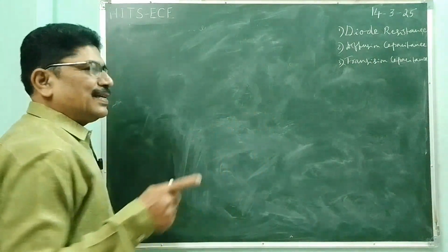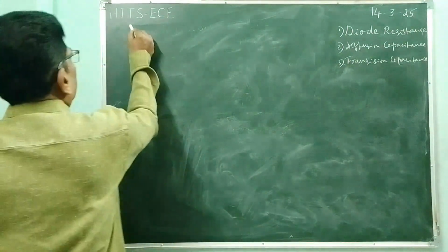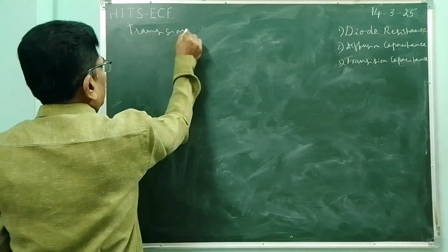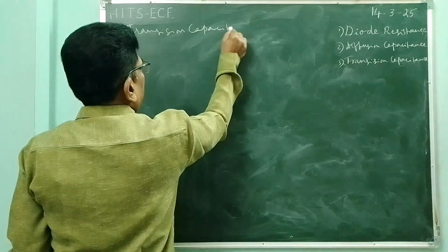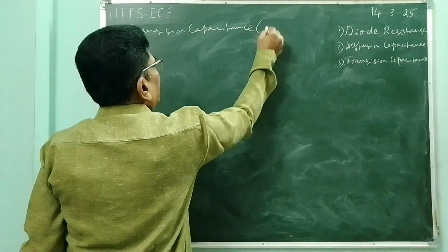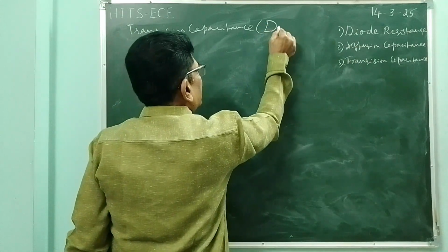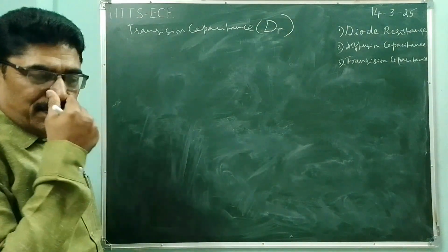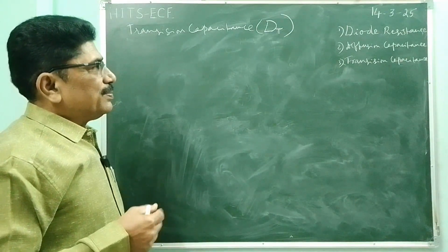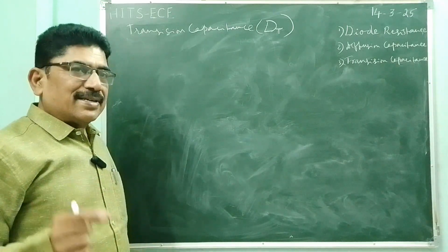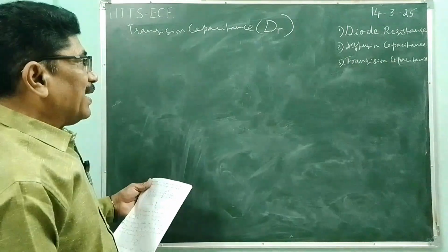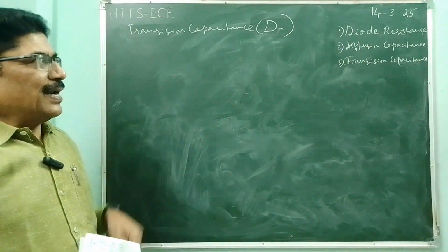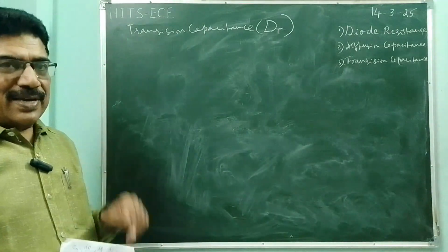Transition capacitance can also be called space charge capacitance, denoted by C with the suffix T. T means transition. It is called space charge capacitance because space charge will be available in the junction only, that too in reverse bias. Diffusion capacitance occurs in forward bias condition, whereas the transition capacitance occurs in the reverse bias condition.